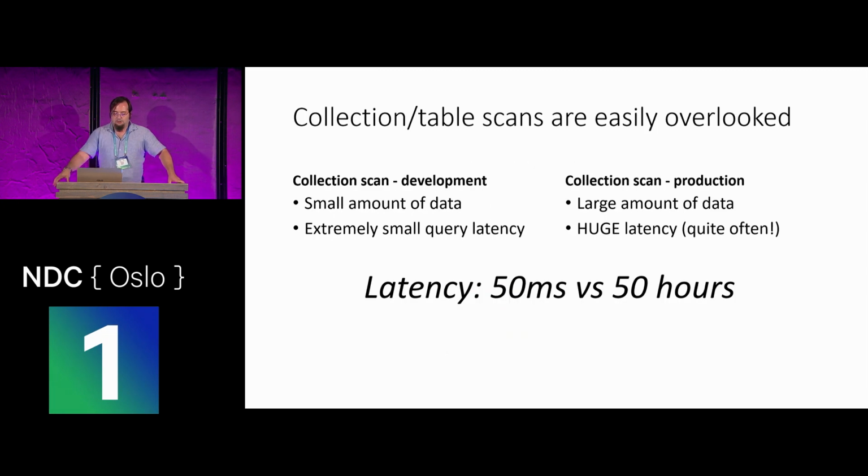In general, a collection table scan is a linear operation, right? So if you have a huge amount of data, it will cost you a lot of time in production, because that's where you have lots of data.